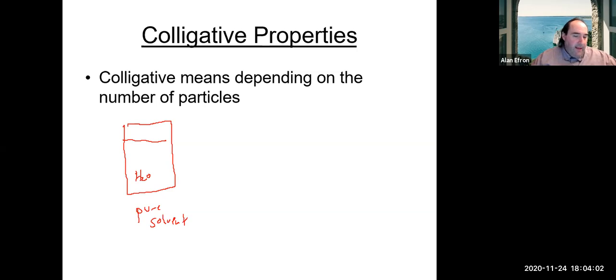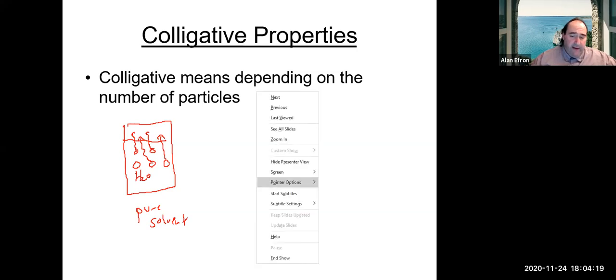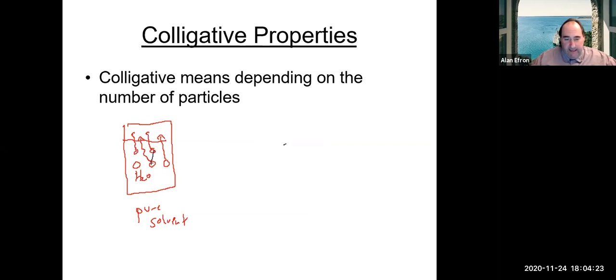In a pure solvent, if there's nothing else in there but water, it's going to eventually, at a certain point, start to boil, right? Our water molecules are free to hit the surface and boil. It also can, if you drop it down to its freezing point, have these molecules come together and freeze at that point.